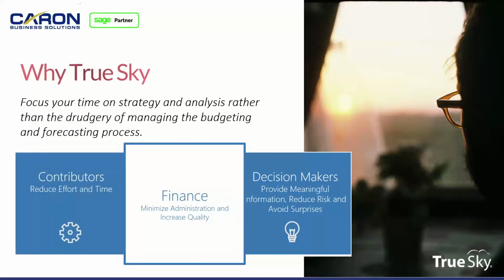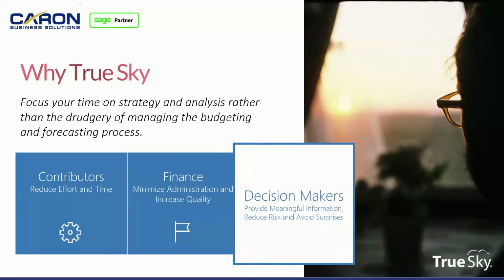When it comes to the finance group within the organization, we're going to dramatically reduce the amount of time it takes to administer a budgeting cycle. And thanks to a lot of the controls and configurations that you can do with TrueSky, we're going to help increase the quality of the numbers that you're getting back out of the system.